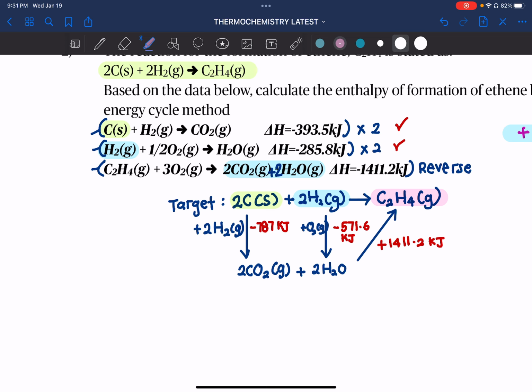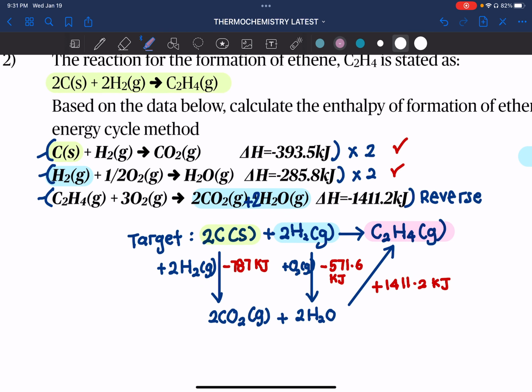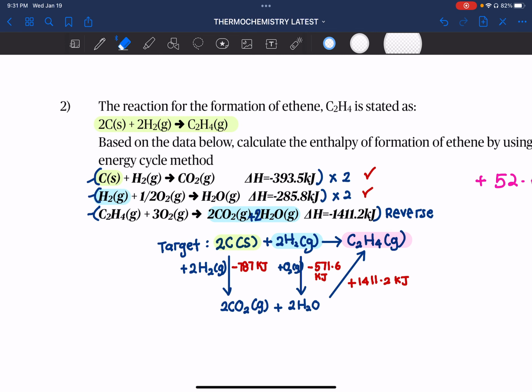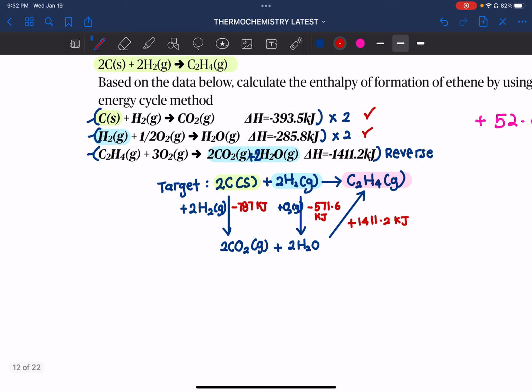Okay, so in order energy cycle diagram ni, untuk dapatkan cycle tu, you have to adjust the equation. Okay. So next, dah settle energy cycle, kita nak cari what is the enthalpy of formation here.